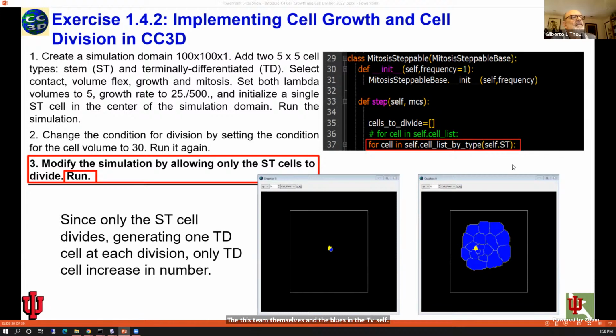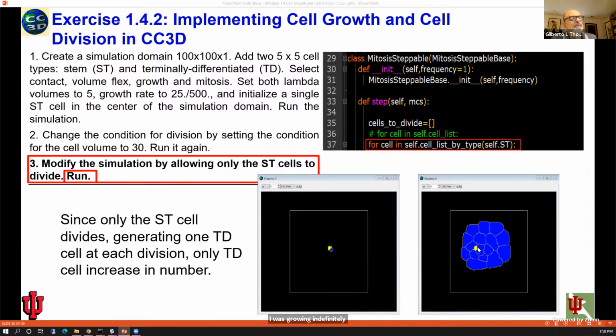But after that, you continuously have the stem cells and the TD cells growing indefinitely.